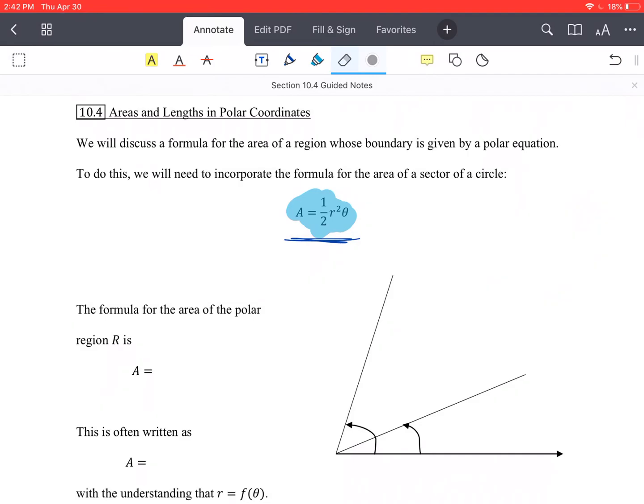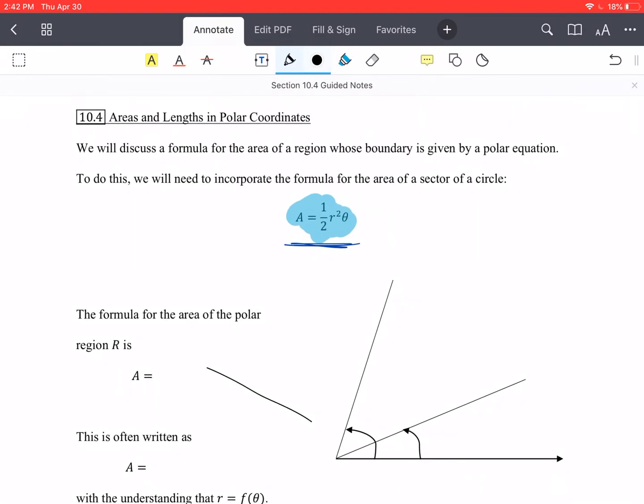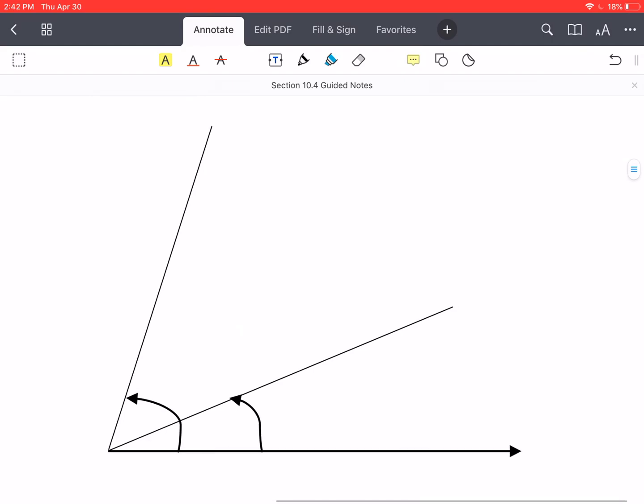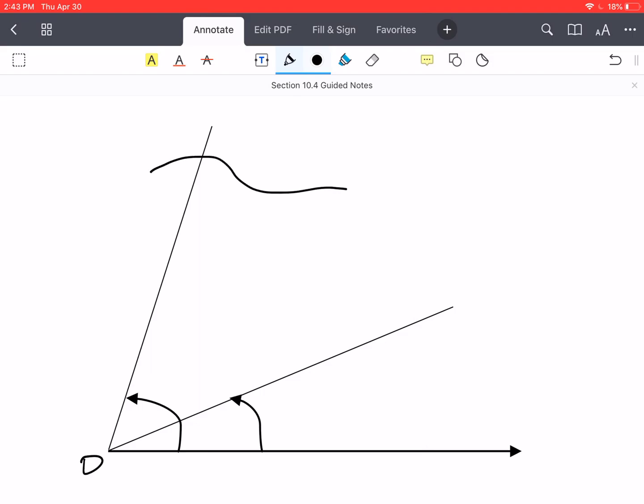Let's take a look at our diagram first so we can really understand what's going on. Here we have our polar axis, and we have the curve, something like this.